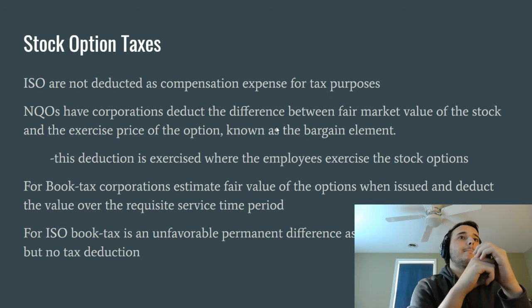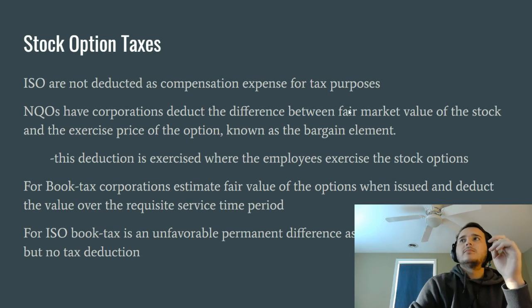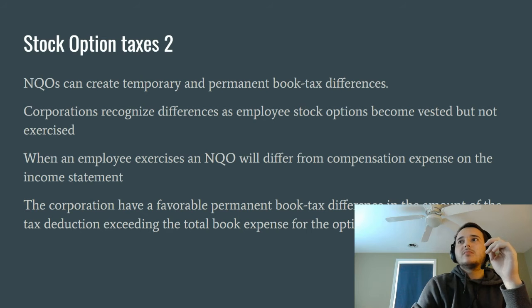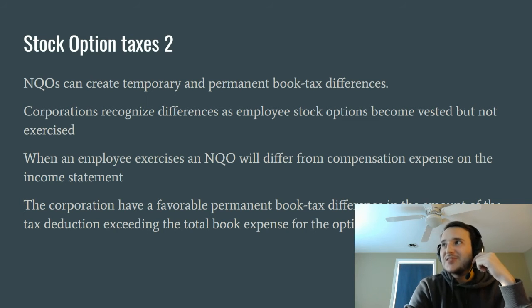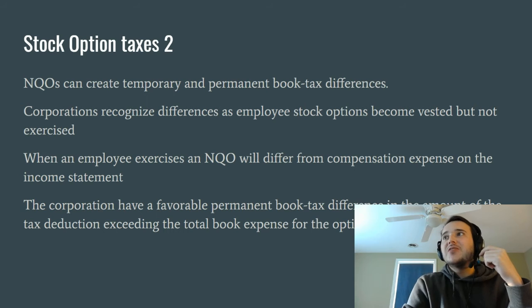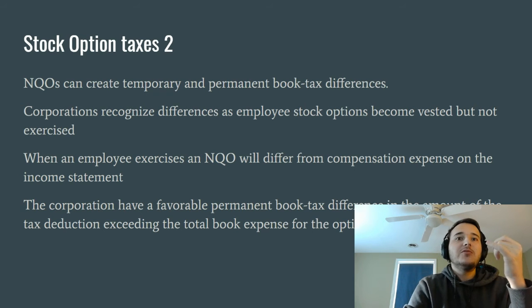Also, NQOs can create temporary and permanent tax differences as well. Corporations recognize the differences as employee stock options become vested but not exercised. So this is going to happen year over year.